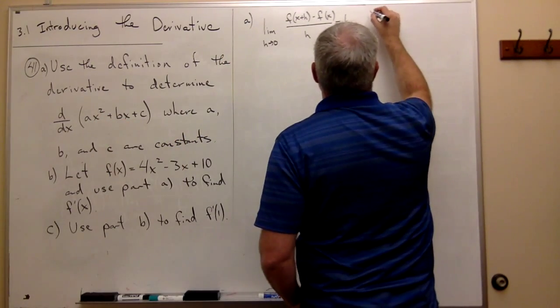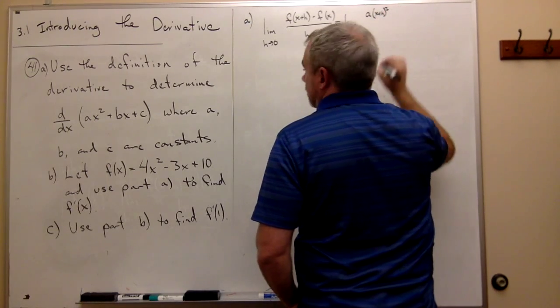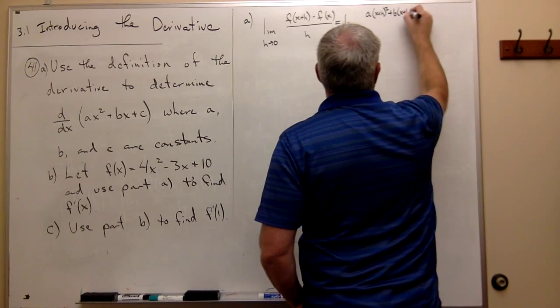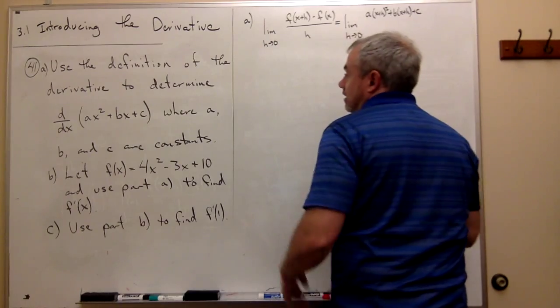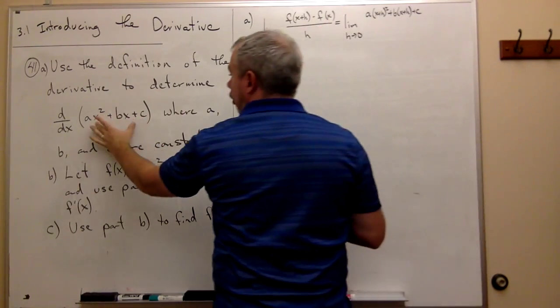So if I do, I get a times x plus h squared plus b times x plus h plus c, and then I need to subtract f of x. So I subtract all of this.